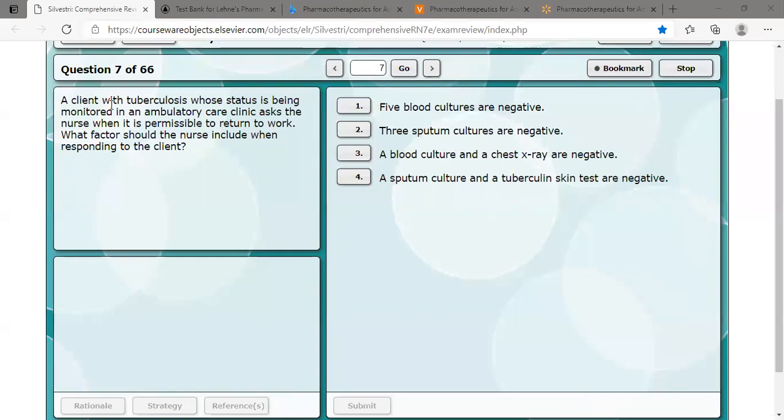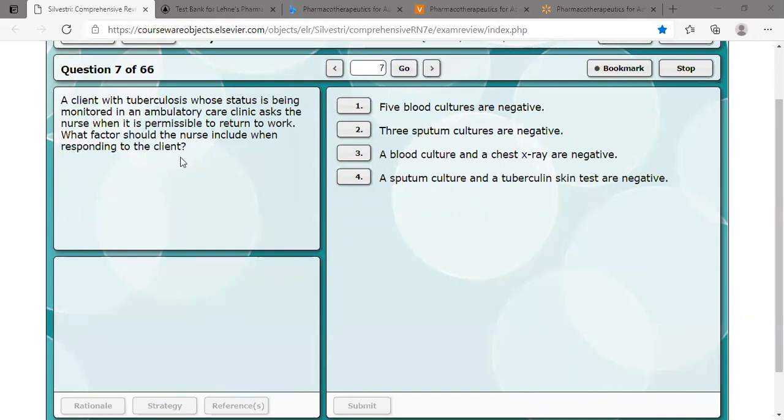Question here: a client with tuberculosis, whose status is being monitored in an ambulatory care clinic, asks the nurse when it is permissible to return to work. What factors should the nurse include when responding to the client?